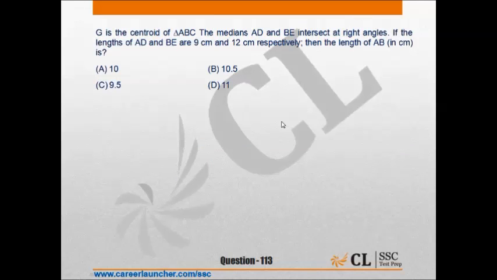The question is, G is the centroid of triangle ABC. The medians AD and BE intersect at right angles. If the lengths of AD and BE are 9 cm and 12 cm respectively, then the length of AB in centimeter is. Now, we have a triangle ABC.